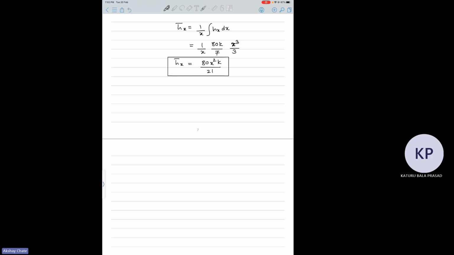Yeah, there is a problem there, but it's not strictly related to average heat transfer coefficient, etc. One second. Okay, so what else is there?